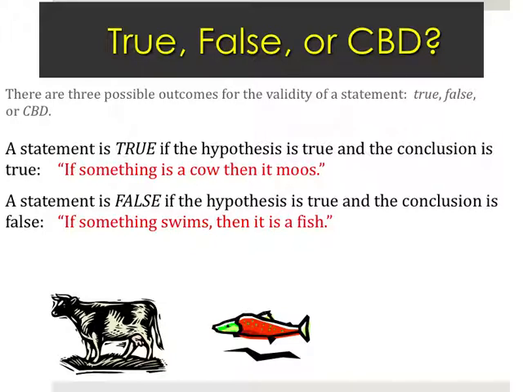Okay, so we had the original conditional, which we said was false. We had the converse, which you said was true. Then we had the inverse: if something does not swim, then it is not a fish. That's true.